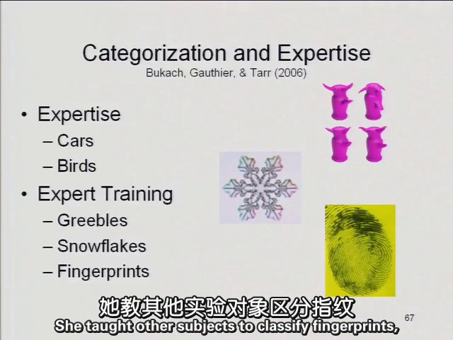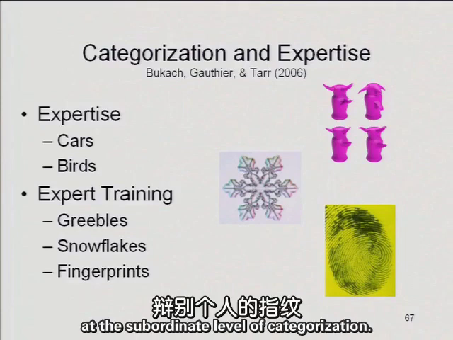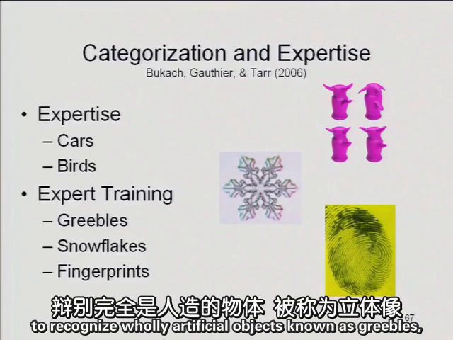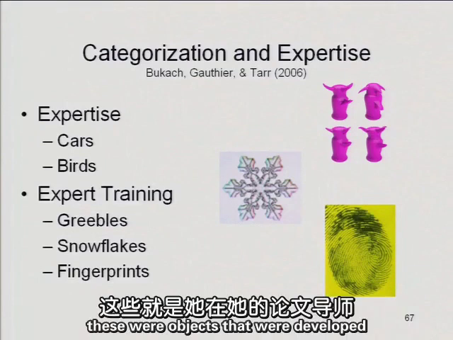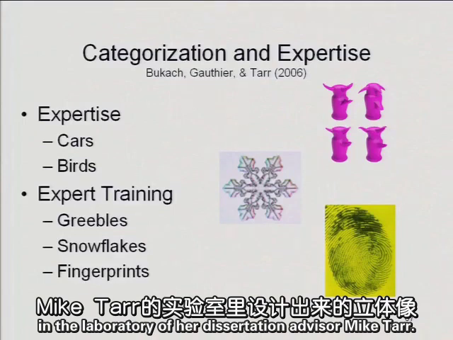She taught other subjects to classify fingerprints, to recognize individual fingerprints at the subordinate level of categorization. And she also taught subjects to recognize wholly artificial objects known as greebles. These were objects that were developed in the laboratory of her dissertation advisor, Mike Tarr.